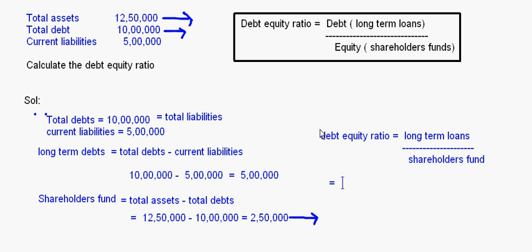So this will be equal to long term loans, which is 5 lakhs, upon shareholders funds, which is 2,50,000. So the ratio comes to 2:1. So that is your debt equity ratio, right? Now let's look at one more question for this debt equity ratio.